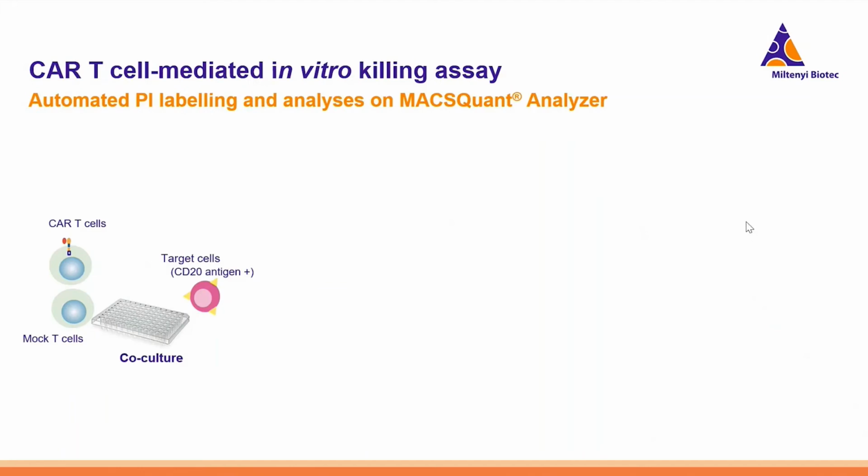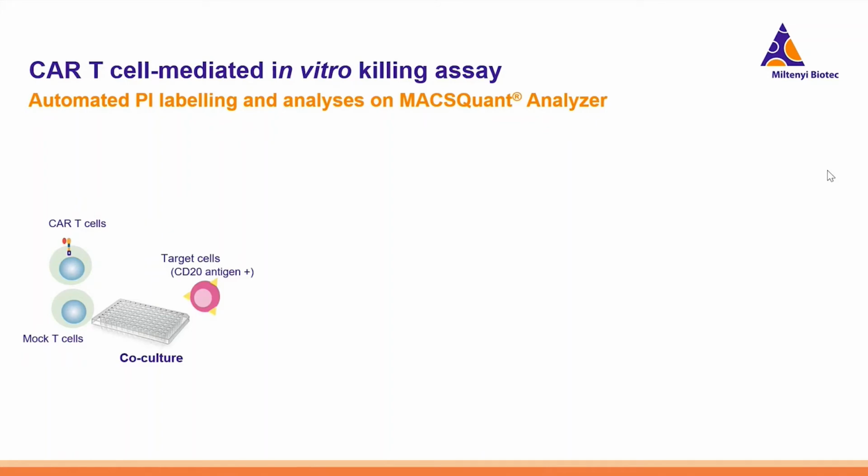In another extraordinary application example of viability stainings, CAR T cell mediated target cell killing was assessed via in vitro killing assays. CAR T cells and mock transduced T cells were co-cultured with antigen positive and antigen negative target cells. In this example, the target antigen was CD20.